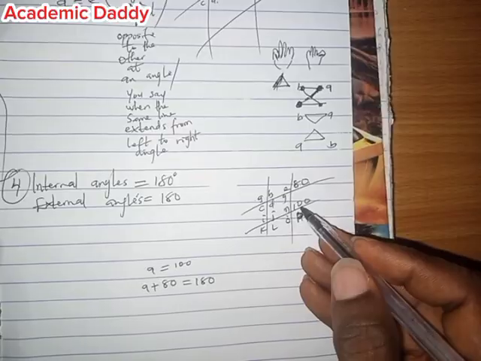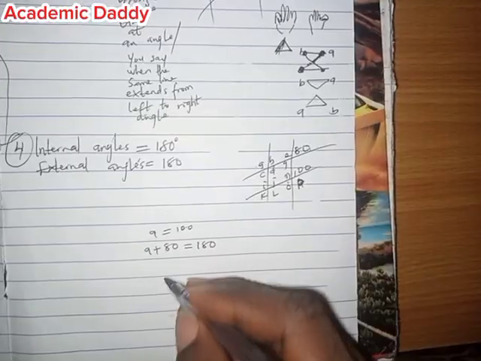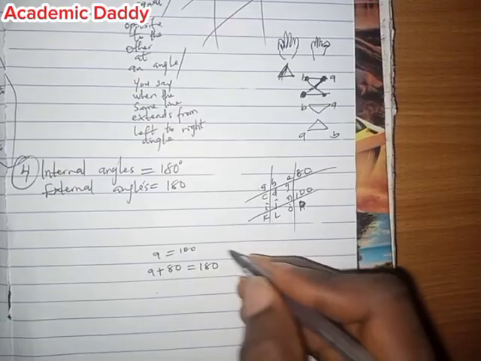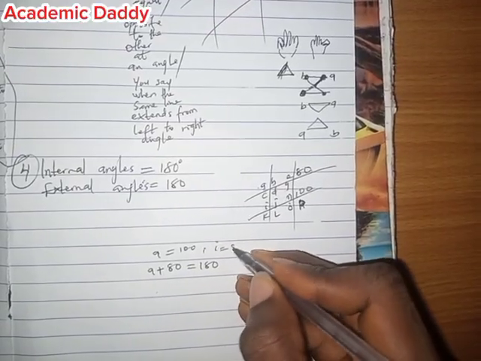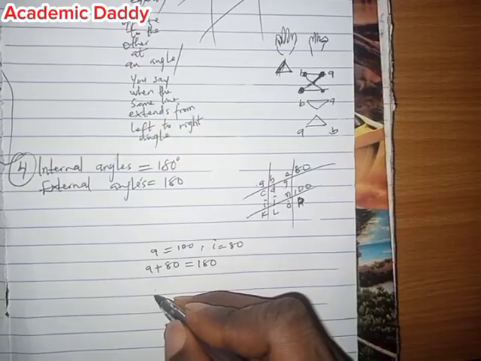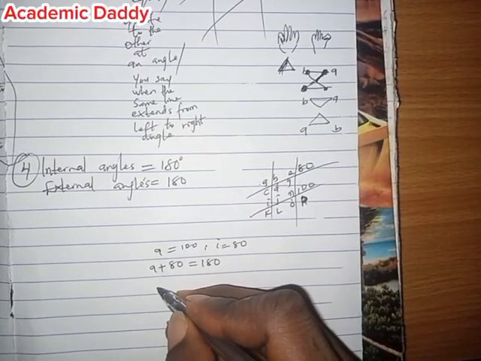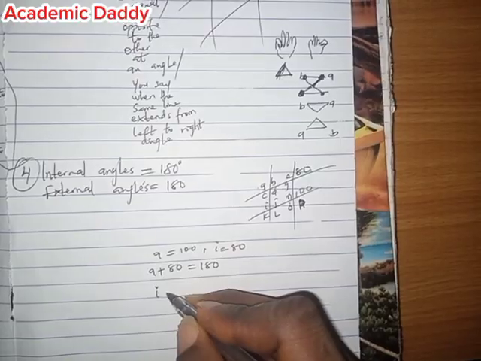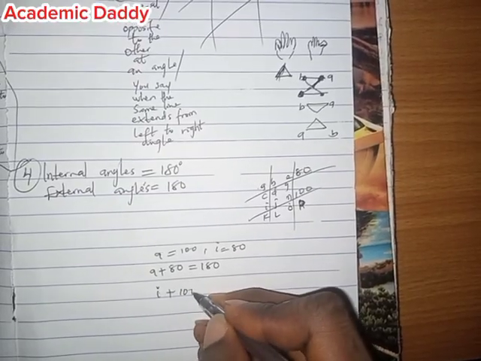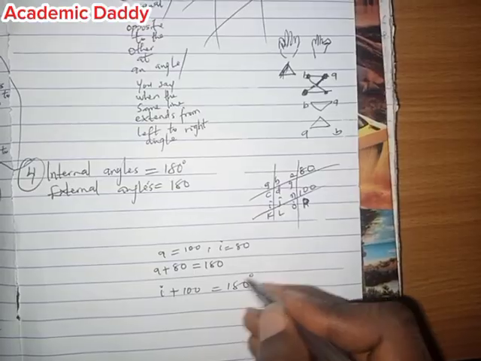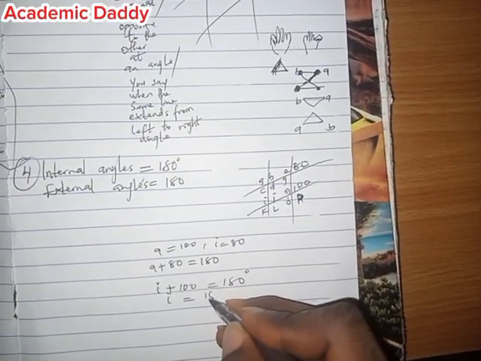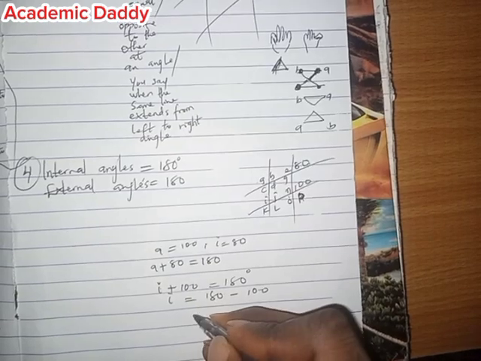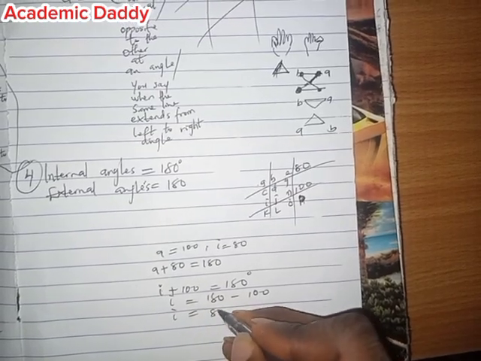So I should be 80, because if I do I plus 100, it will be equal to 180 degrees. So I will be equal to 180 minus 100. I equals 80 degrees.